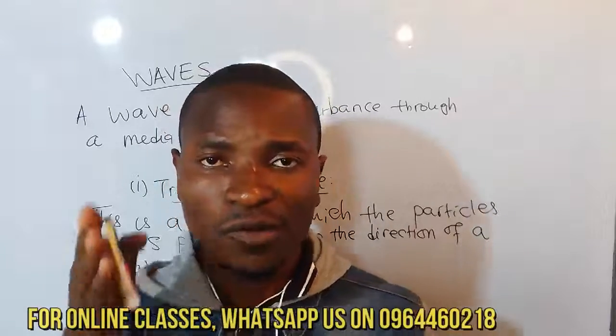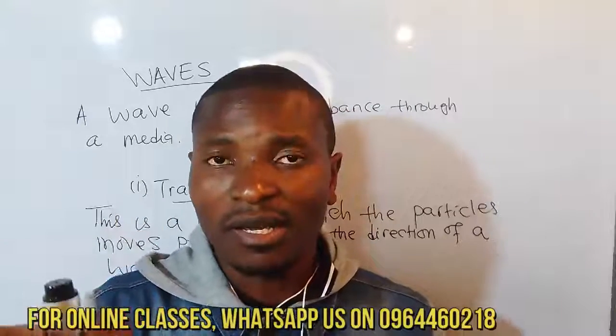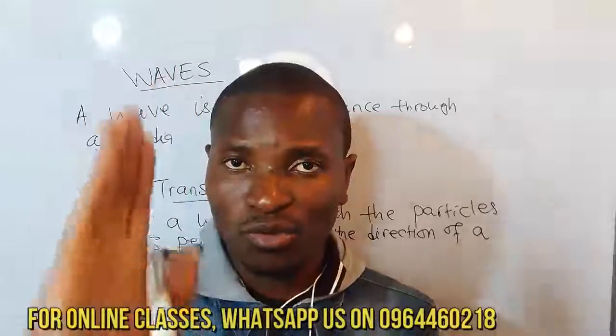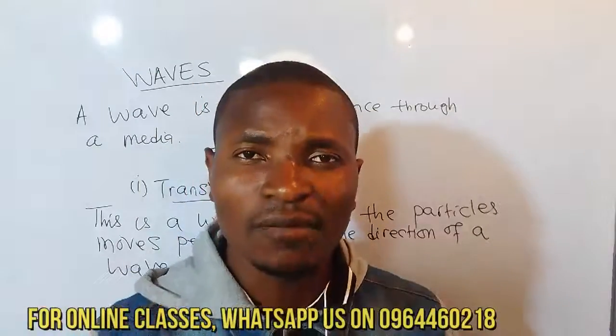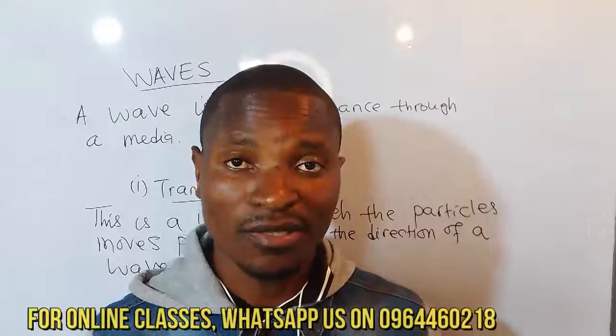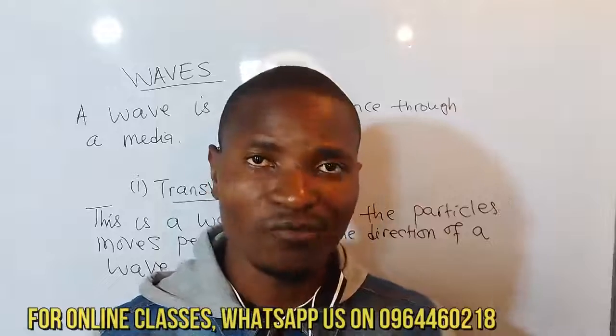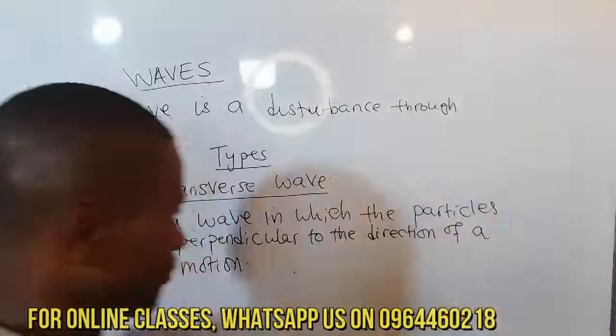So if the direction of the wave motion is coming toward you, like right now, the particles get to move like this. They normally move in that direction. So that is the most important thing: the particles move perpendicular to the direction of a wave motion.